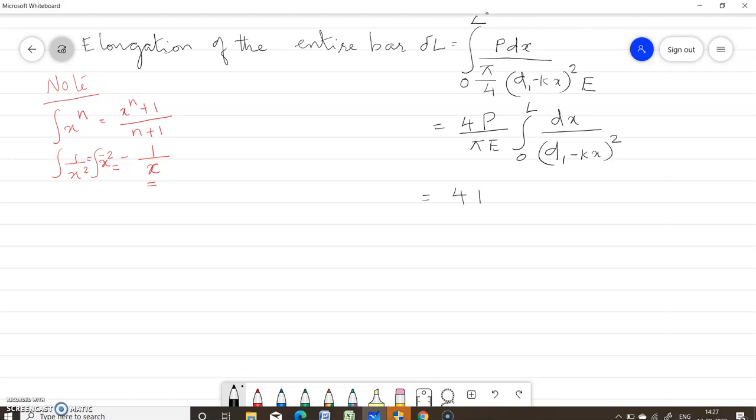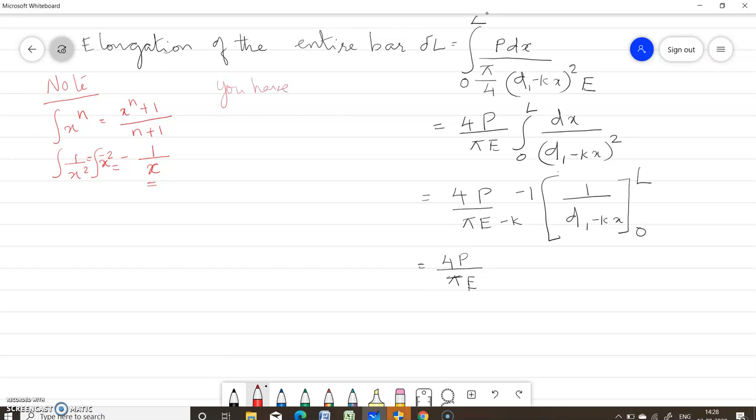So here we can write the integration as, integrating this you will get 4P by pi E, here you will have minus k into minus 1 into 1 by (d1 minus k x) from 0 to L. So you will get this as 4P by pi E. Instead of k, we have already this equation: small k is equal to (d1 minus d2) by L. So we can substitute here.